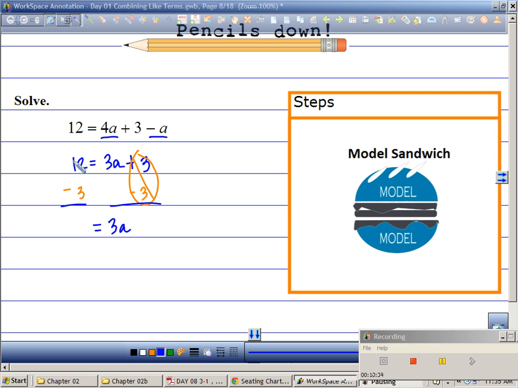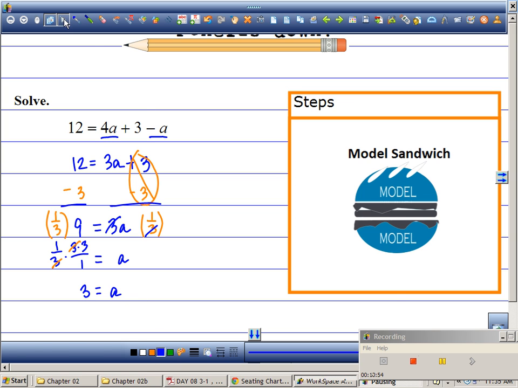The difference between 12 and 3 is 9, positive 9. Now I take the inverse of each side. My 3's cancel, and I have a equals 3 times 3 over 1 times 1 over 3. My 3's cancel, and I'm just left with 3 equals a.